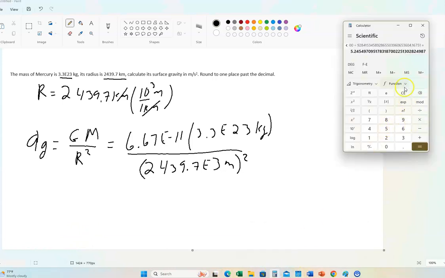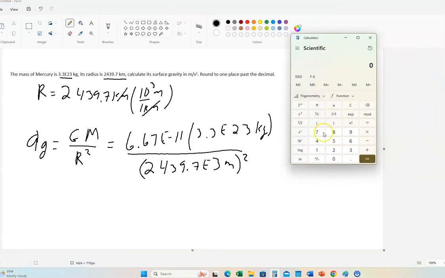All right, so here, let's clear this, get it a little closer. All right, so 6.67 times 10 to the minus 11th times the mass of Mercury, 3.3 times 10 to the 23rd, divided by, so remember, I want to divide by this number, but then I got to square it.